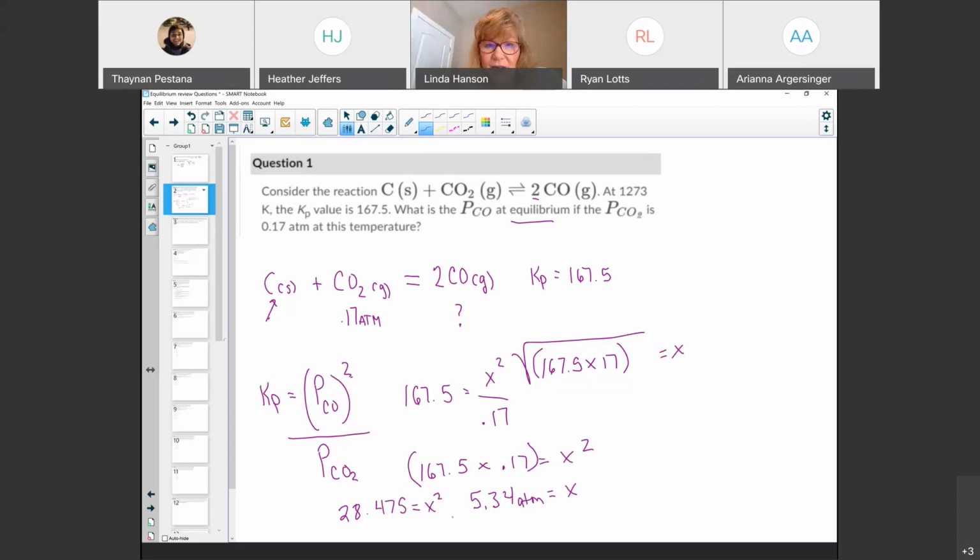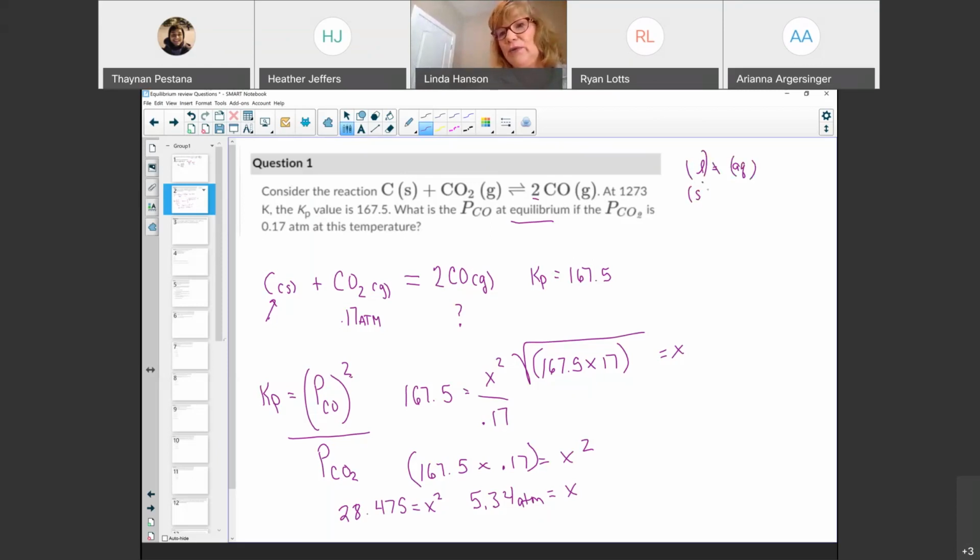Other questions or comments? No, pure solids or pure liquids are not part of the equilibrium calculations. They're not part of the expressions. They simply drop out. Good question. Don't confuse the liquid phase as the same as the aqueous phase, because those are not equivalent.